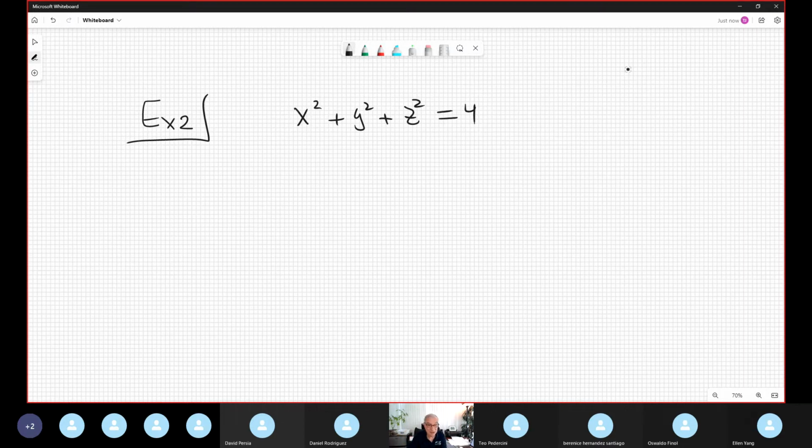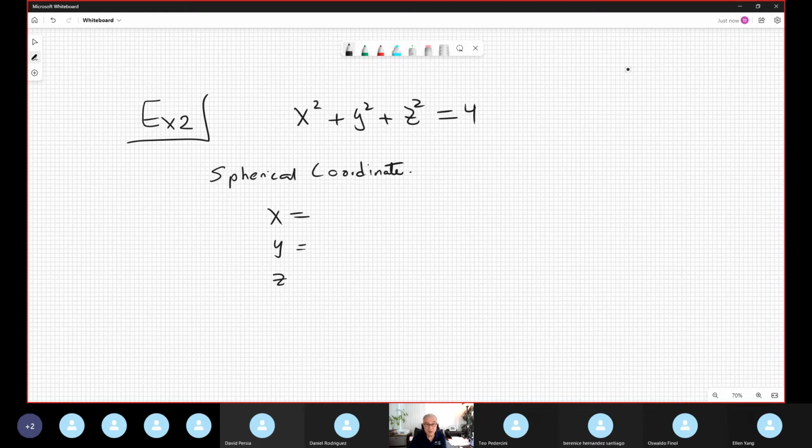Well, one fantastic way is using spherical coordinates, because it's a sphere. Makes sense. So x, I copy the formulas for the sphere in spherical coordinates. Remember it is rho sine phi cosine theta, something.